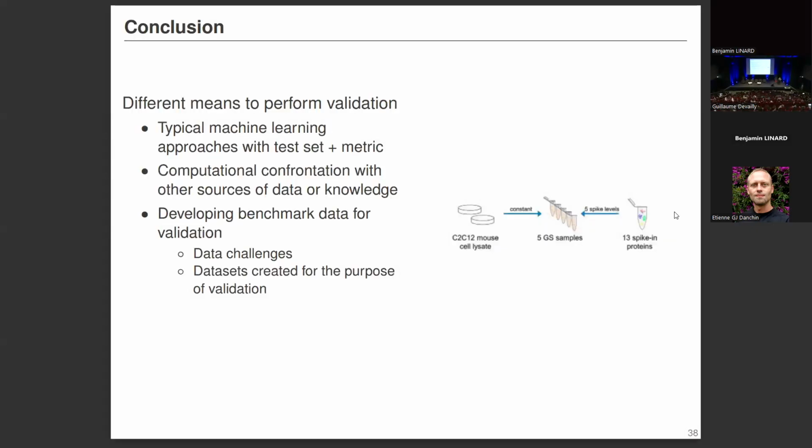There's another element that I think is super important: to develop benchmark data for validation. There's benchmark data for data challenges, such as DREAM, but there are also data sets created uniquely for the purpose of validation.